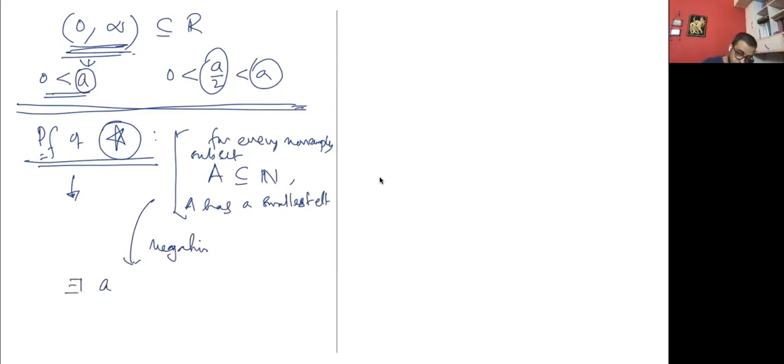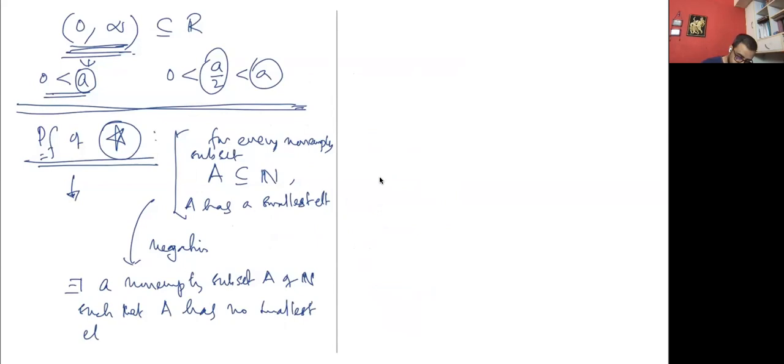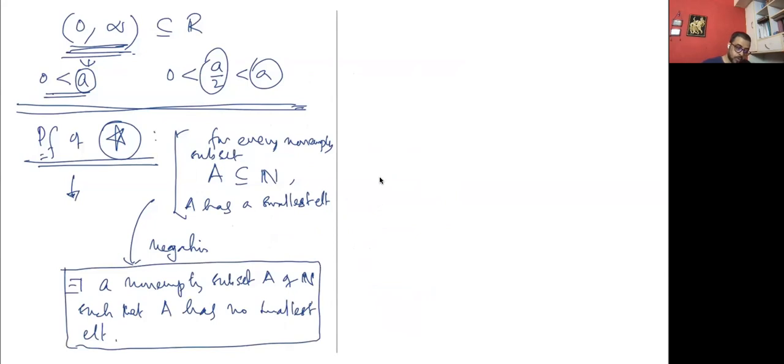So there is a non-empty subset A of N such that A has no smallest element. Okay.